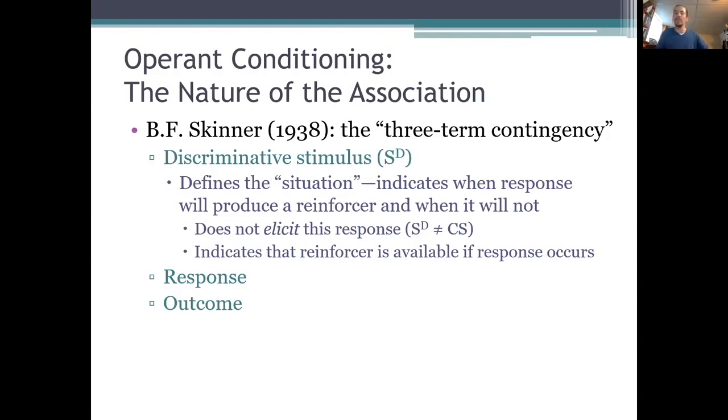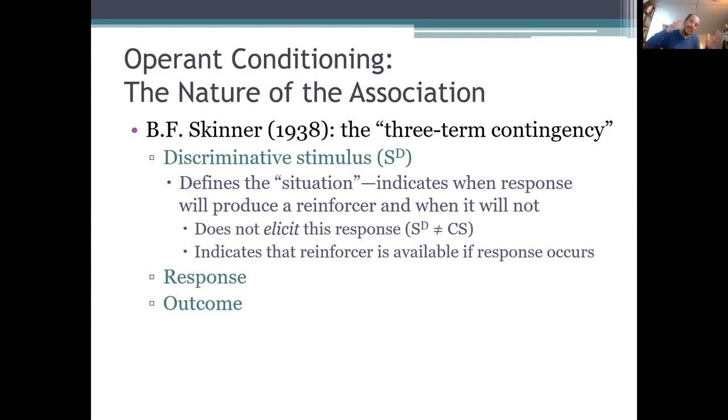We have what we call a 3-term contingency in operant conditioning because there's a behavior, there's a consequence, and there's also what we call a discriminative stimulus, or an SD. So what we're talking about there is a stimulus, something in the environment that allows you to discriminate.